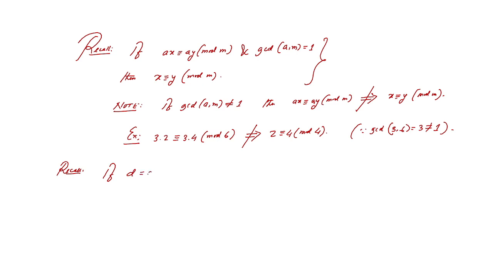If d equals GCD of a and m, then ax congruent to ay mod m if and only if x is congruent to y mod m by d, that we can see.